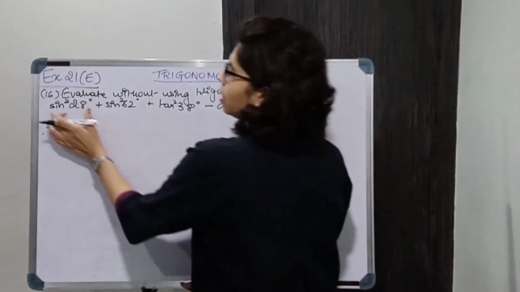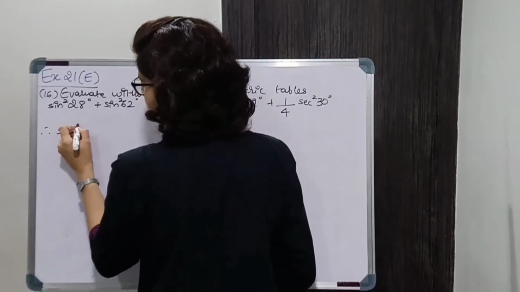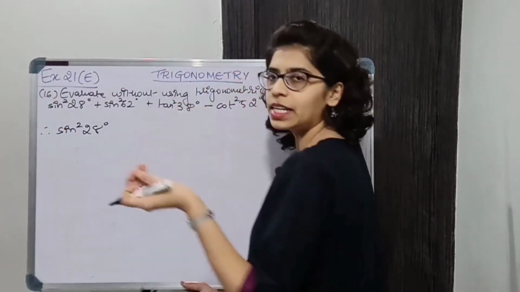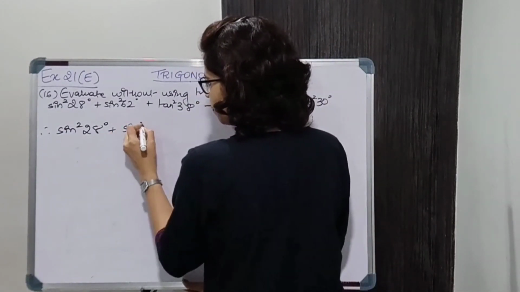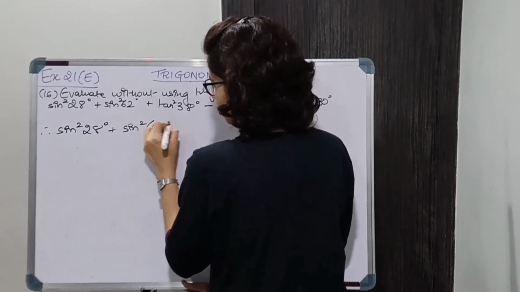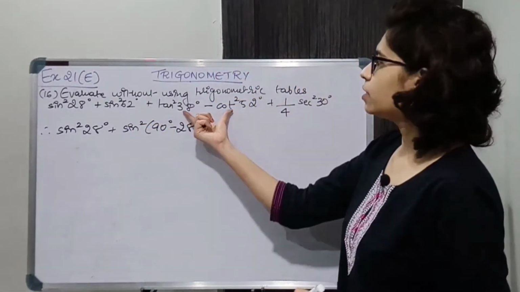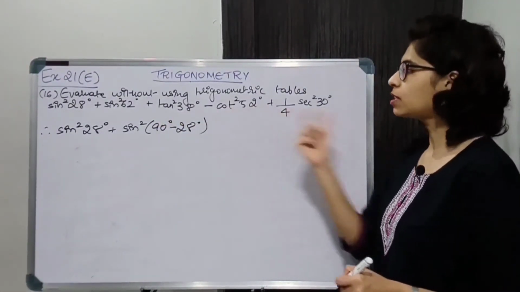So let this one remain as it is. Let us write this one as 90 minus 28. Or you can do the other way around, you can write this as 90 minus 62. It depends. Over here the same thing. Either write this one as 90 minus 52 or write this one as 90 minus 38.